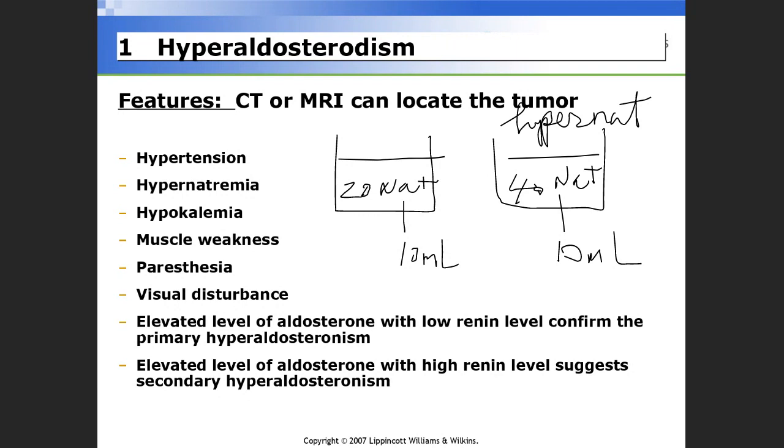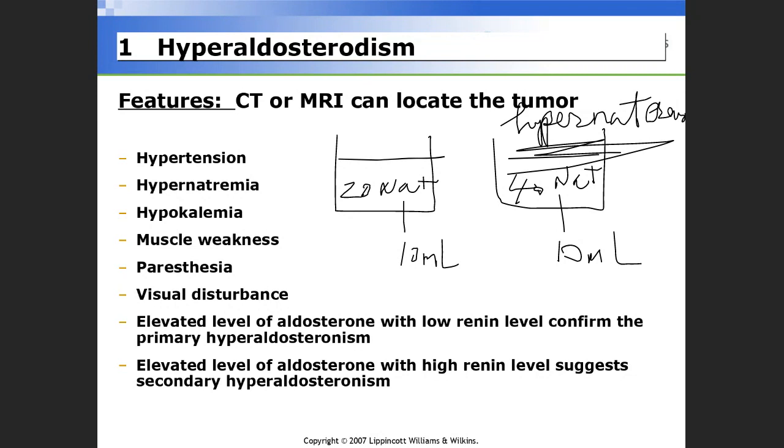Now, typically, when the kidney takes in sodium, it gets rid of potassium. That's the yin and the yang. When it takes in potassium, it gets rid of sodium, right?